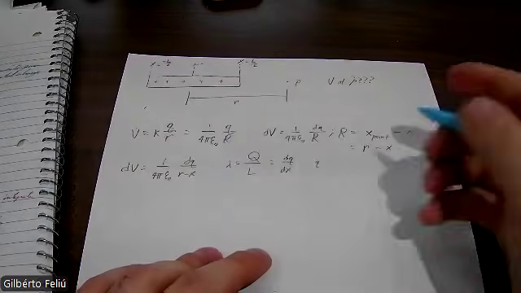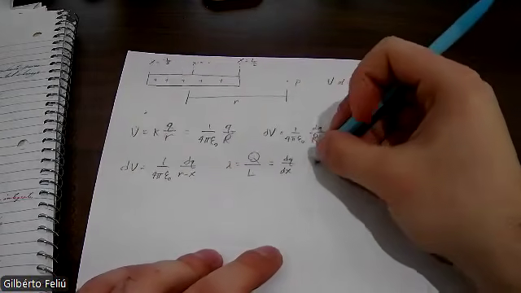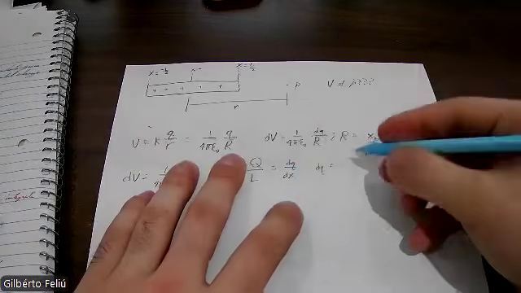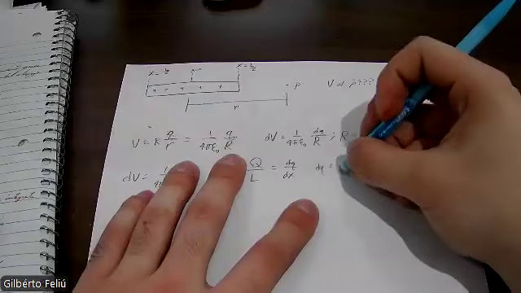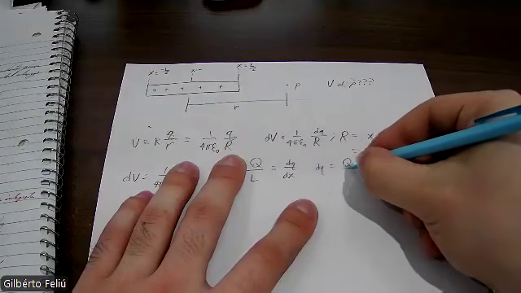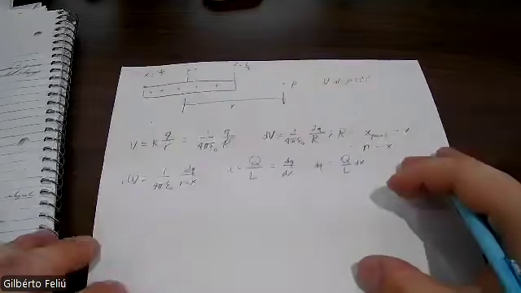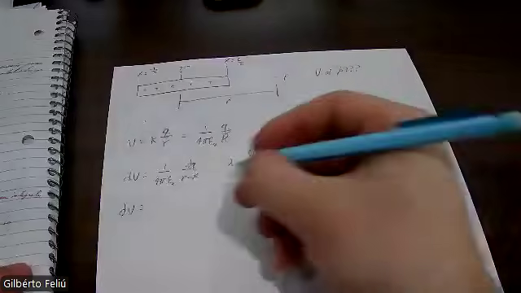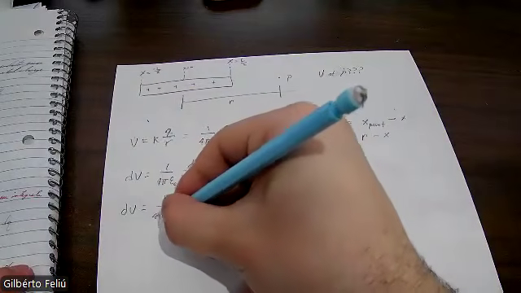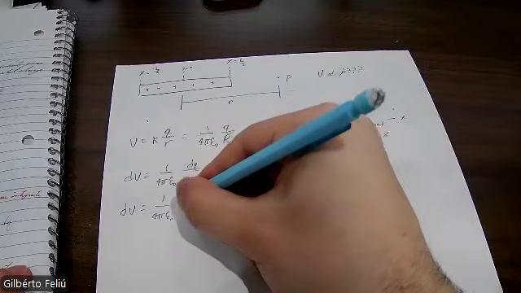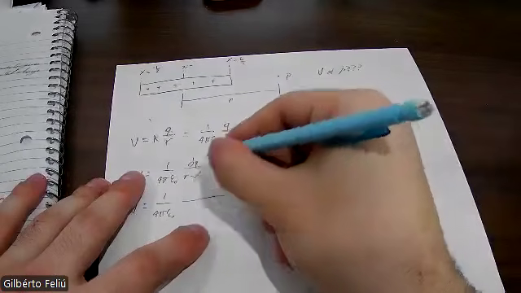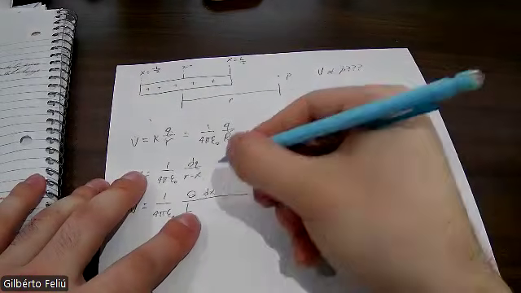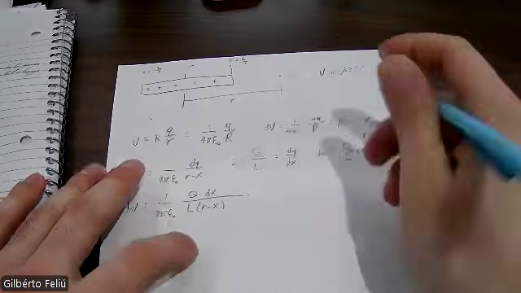Put in terms of x, dq would be equal to q over L dx, which makes the increment of potential equal to 1 over 4 pi epsilon, q over L dx over r minus x.